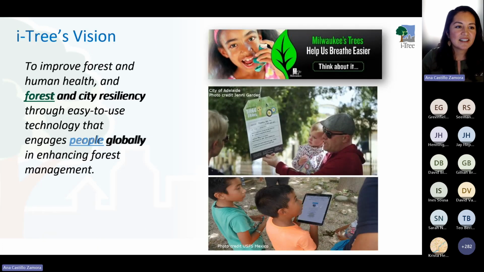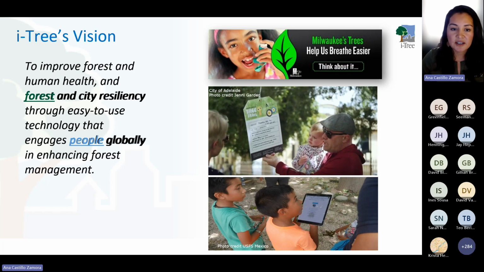So really the vision for iTree is to improve forest and human health and forest and city resiliency through easy to use technology that engages people globally in enhancing forest management. So for us, we think iTree's role is really important in connecting forest and people.